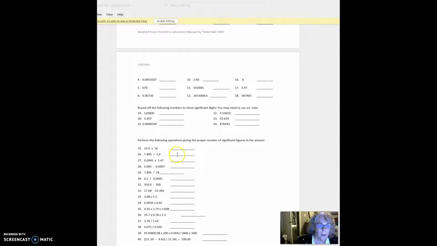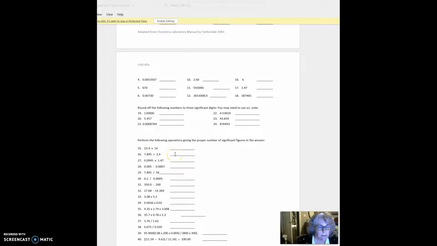When you come down here, you'll need to perform the operation and give the proper number of significant figures in the answer. So when you multiply these two numbers together, you'll get a number on your calculator. But then you need to come back and look at the numbers that went into that. You've got a 3 significant figure number in the 23.4 and a 2 significant figure number in the 14.